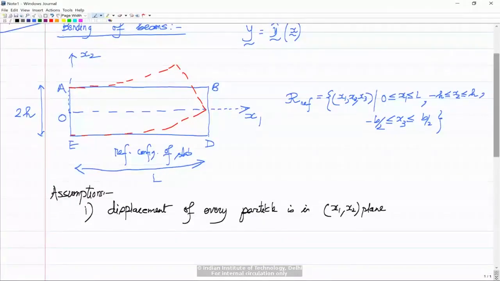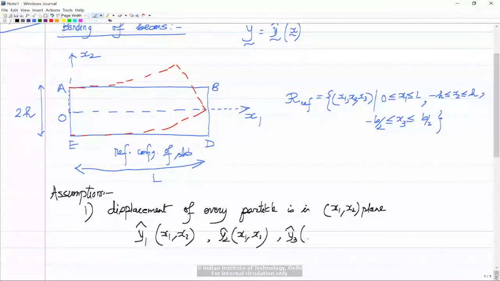Some of you are saying that it will not depend on x3. So I guess what you mean to say is that y1 hat is just a function of x1 x2, y2 hat is a function of x1 x2, and y3 hat is a function of x1 x2. Is that what you're saying, or do you mean for the displacement?